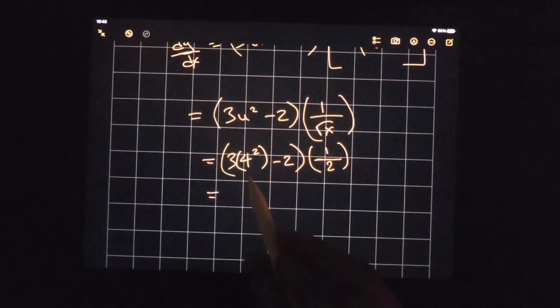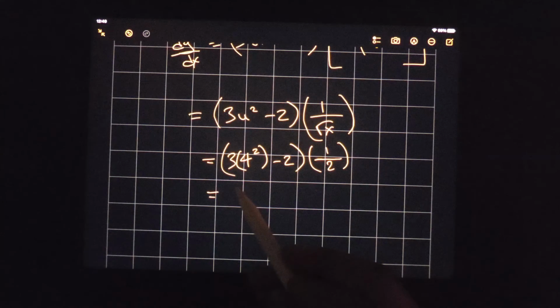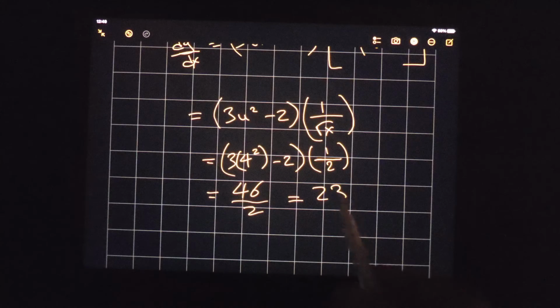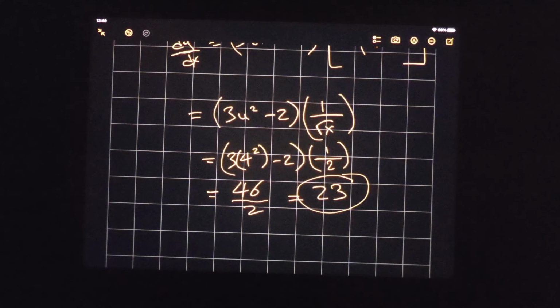So I'm left with 4 squared is 16. 16 times 3 is 48. 48 minus 2 is 46, times 2... 46 over 2, I'm left with 23. And there we have it.